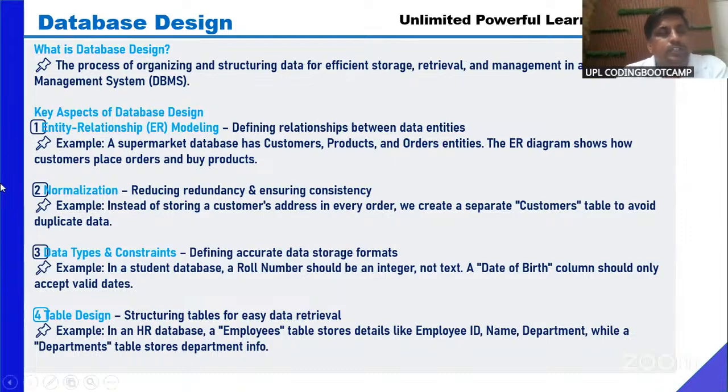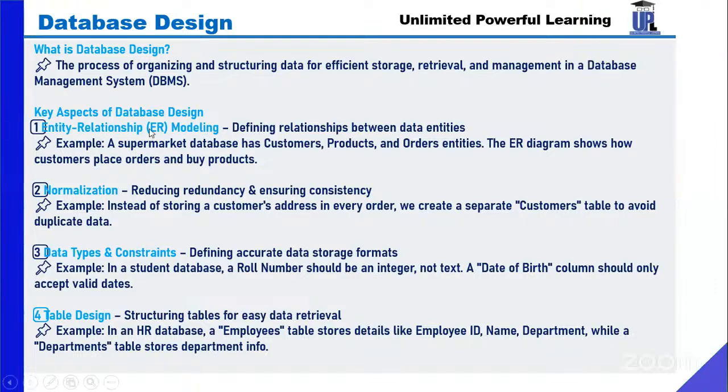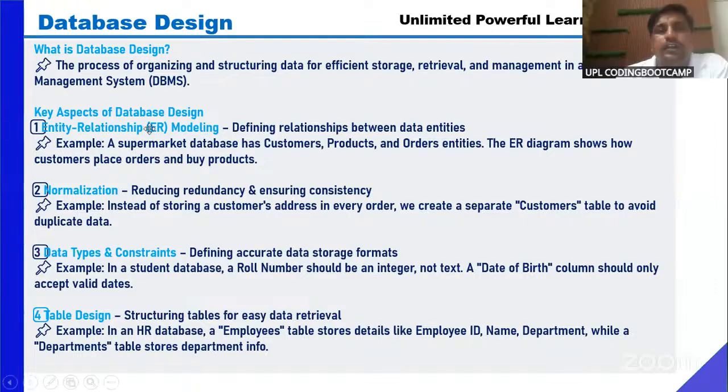The key aspects of database design: one is the ER diagram. What is an ER diagram? It is how we visualize the requirement to store the data. That is called entity relationship modeling, ER modeling. Once you have a requirement and you come up with the ER model, assume that you have created the scripts also.